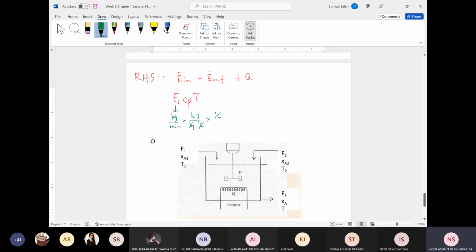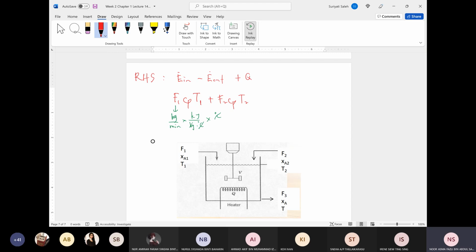So in this case, we go back to the right-hand side. We already have F1, Cp, and T. This is supposed to be T1 to represent inlet number 1. Then you have the second inlet, so you need to add F2 Cp T2.